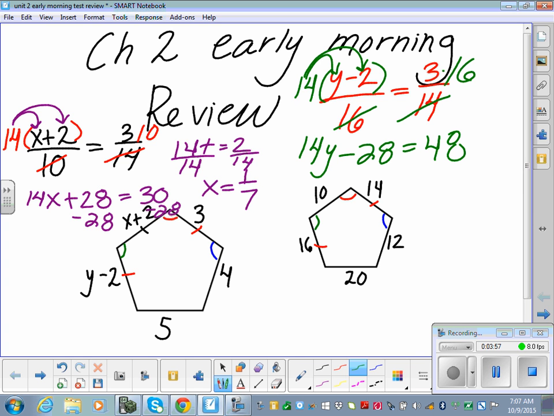Then you would solve for y: add 28 to both sides. Make sure you're doing inverses correctly. So we have 14y is equal to 76. Then divide both sides by 14.